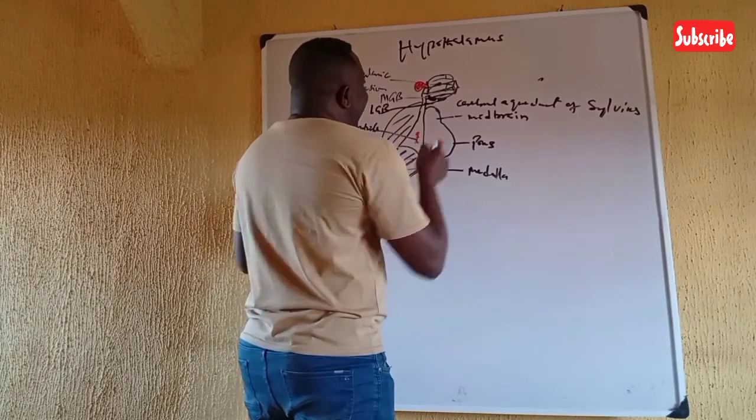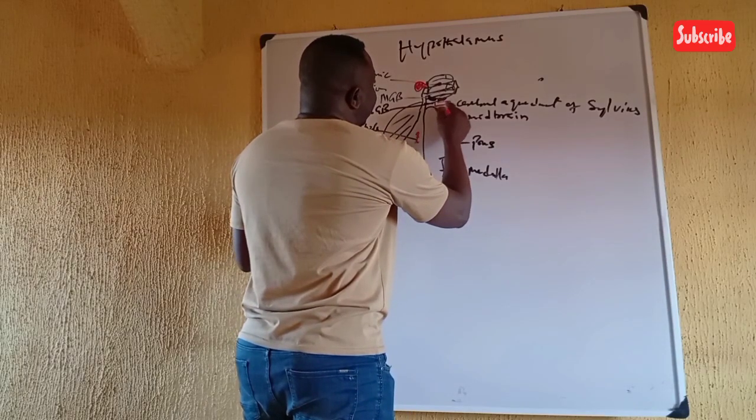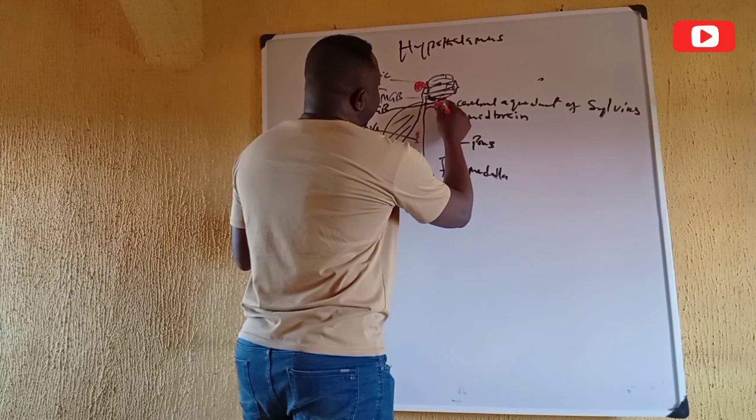Below the thalamus, we have a structure that is called the subthalamus.